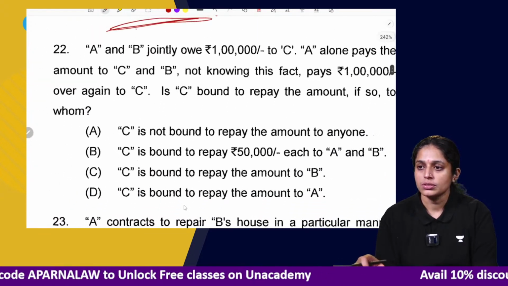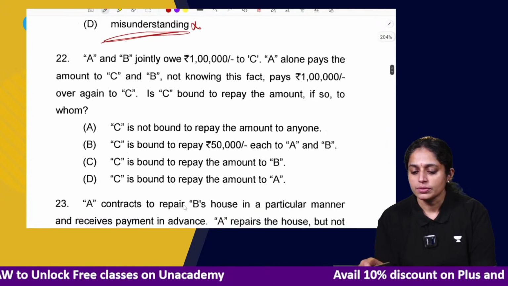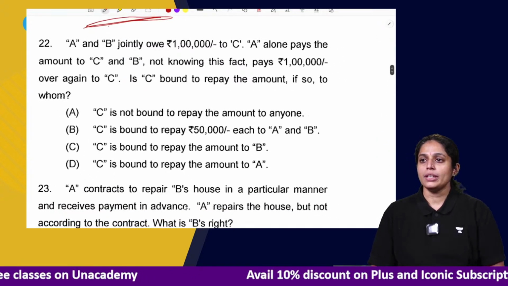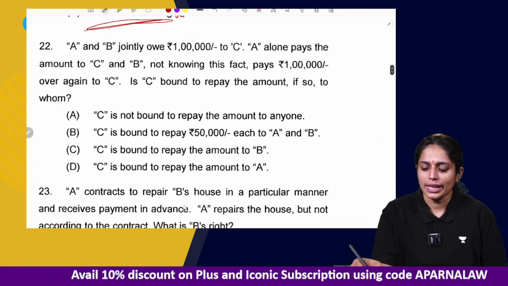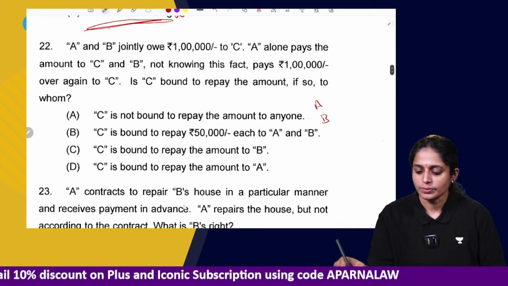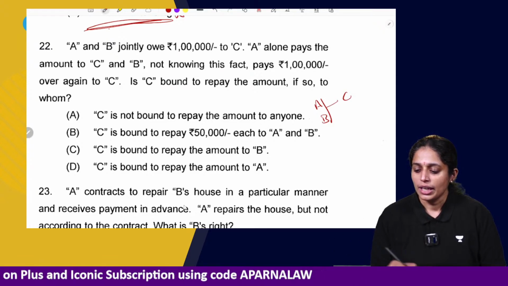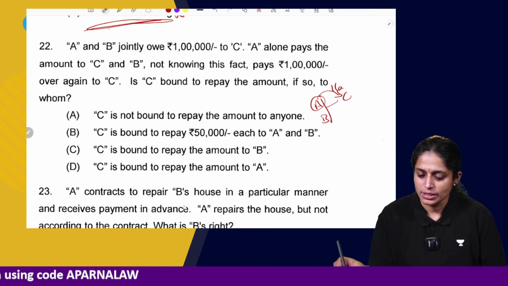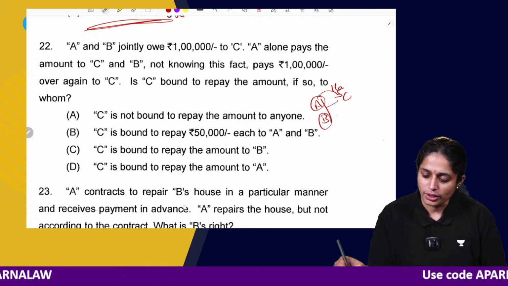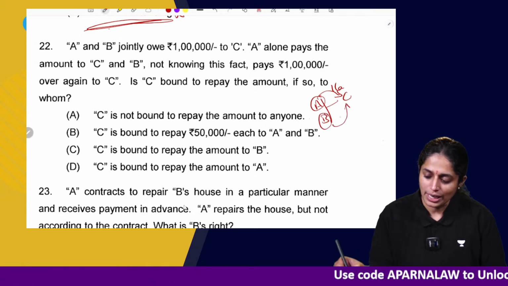22nd question. A and B jointly owe rupees 1 lakh to C. Now A alone is paying 1 lakh rupees, and B, without knowing, is also paying 1 lakh rupees.